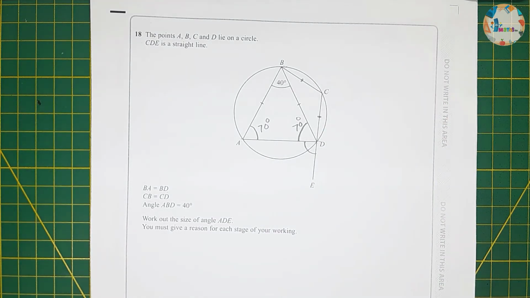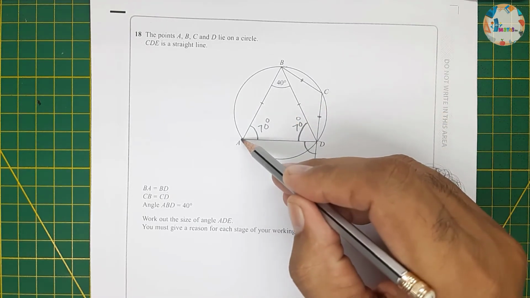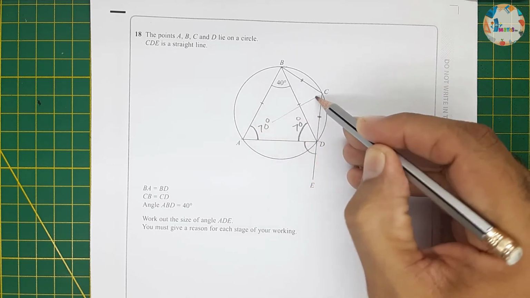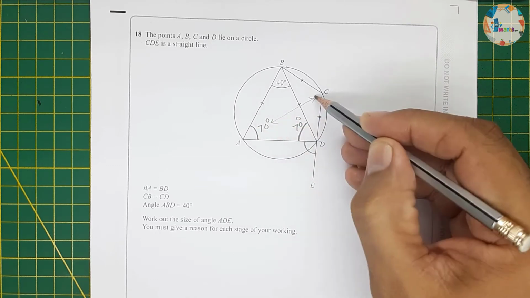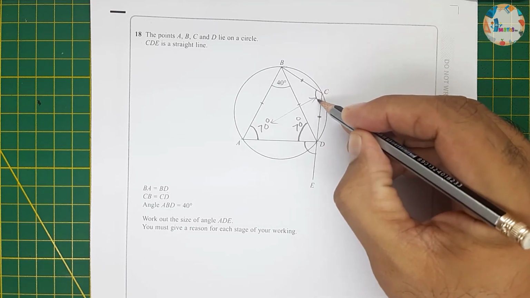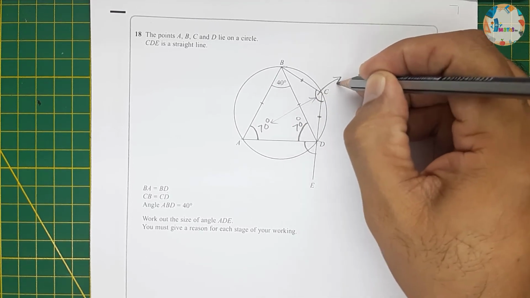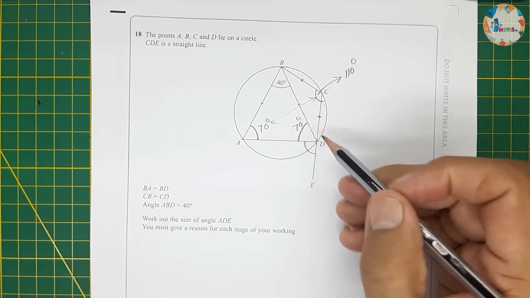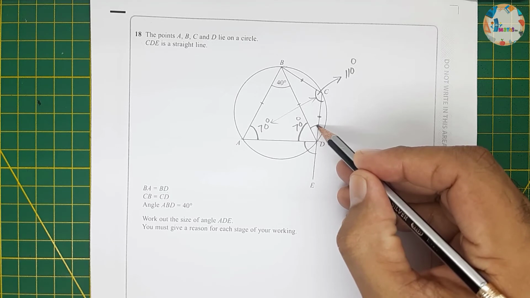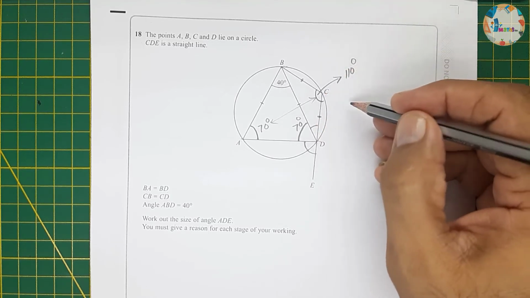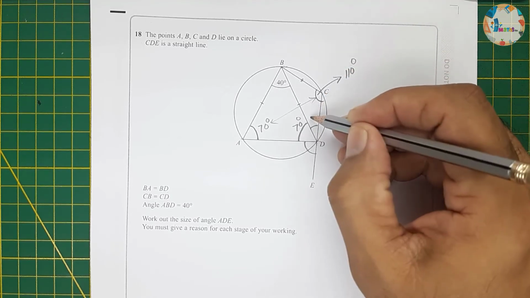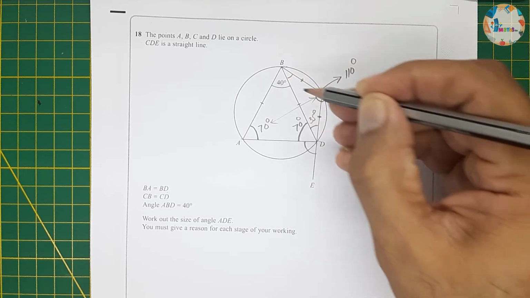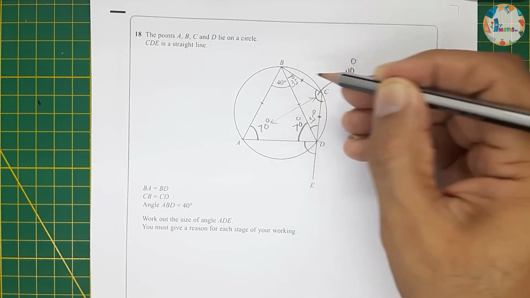As this is cyclic quadrilateral ABCD, these are opposite angles, so they must add up to 180 degrees. So this angle will be 110 degrees. Now we can find this angle, which is 180 minus 110, so it will be 70. The 70 will be divided into two angles, so this angle will be 35 degrees, and this angle will also be 35 degrees.